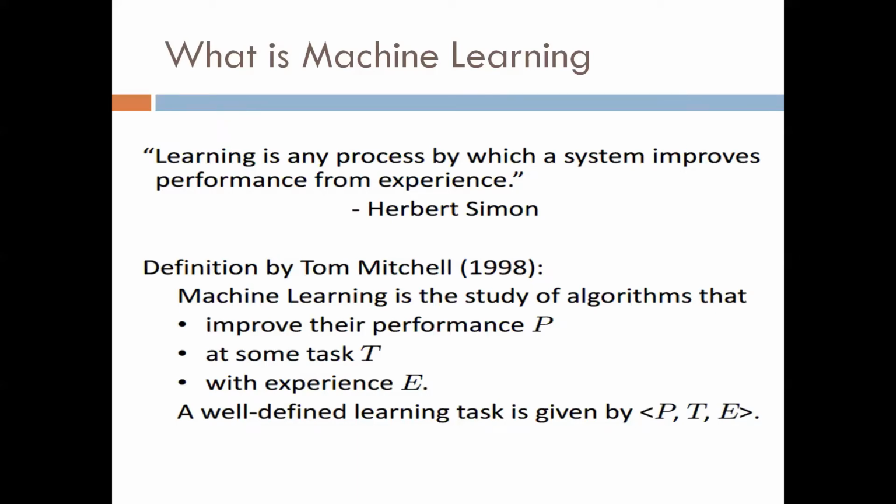So whatever data is there, if you are a new doctor, you will have a very small set of data. If you are an experienced doctor, you have more data. So you have data, you have tasks to identify, classify, and iteratively you are learning, because if you have 10 years of practice, you will have better capabilities because you have exposure. So 3 parameters they have defined: performance, task, and experience.